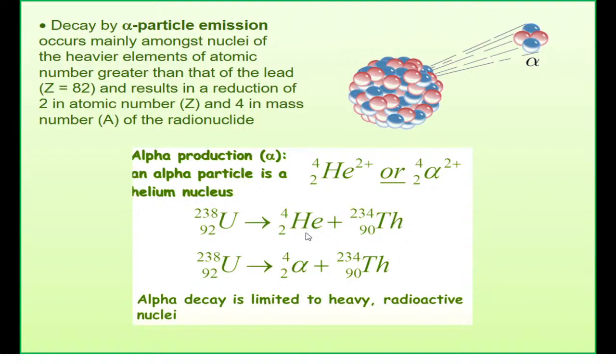Alpha particle emission takes place removing 2 protons and 2 neutrons, and this new daughter nucleus becomes less heavy.